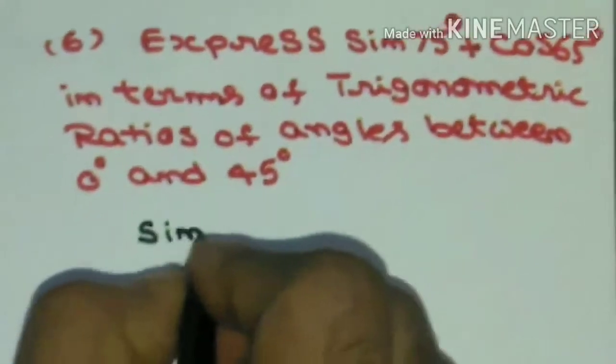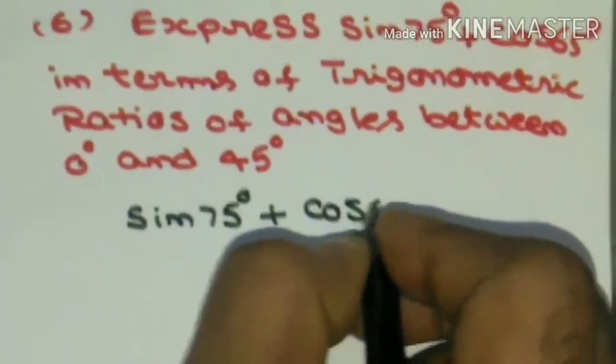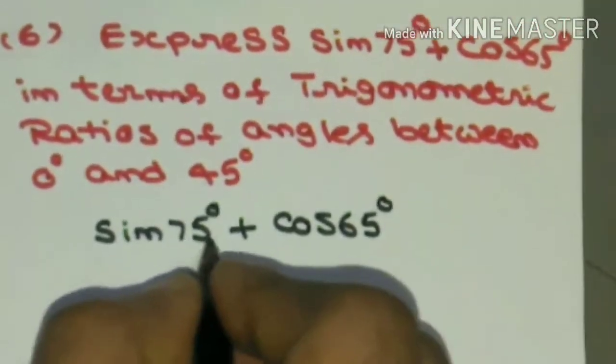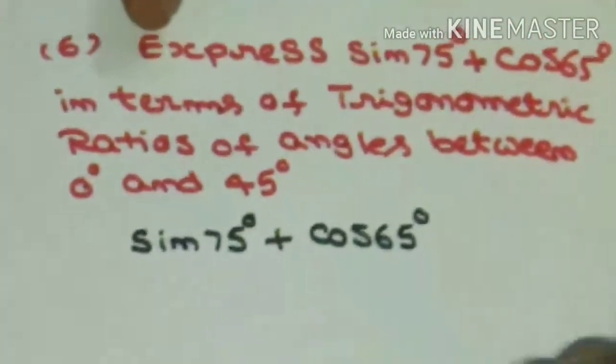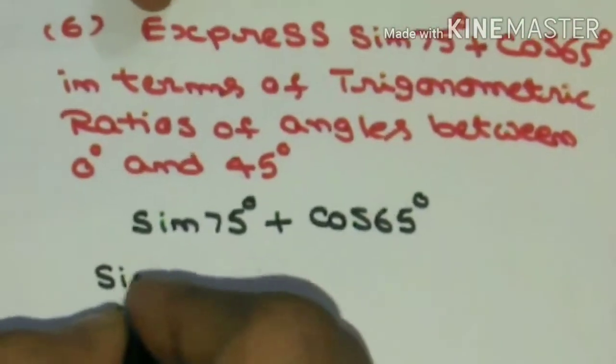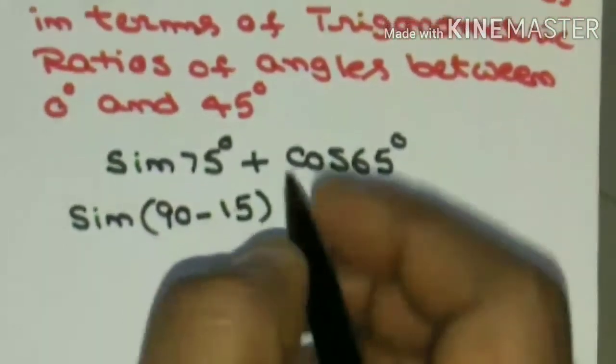How to do? Given condition: sin 75 degrees plus cos 65 degrees. These angles 75 and 65 you change into angles lying between 0 and 45 degrees. So this sin 75, how will we write? 90 minus 15.